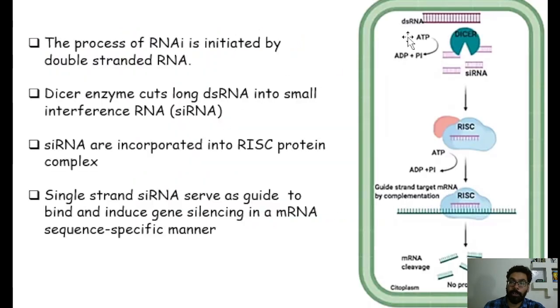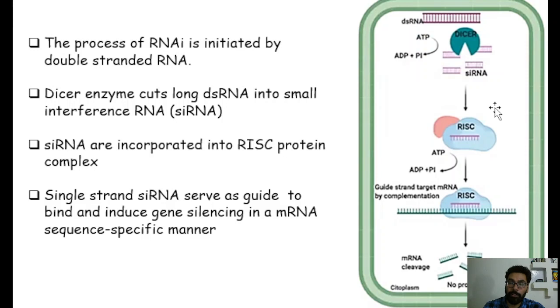So simply what is happening: if any double-stranded RNA is present in the host cell, the host recognizes it as a foreign molecule or abnormal molecule. So there will be one enzyme that will cut these double-stranded RNAs into smaller RNAs, known as small interfering RNA.